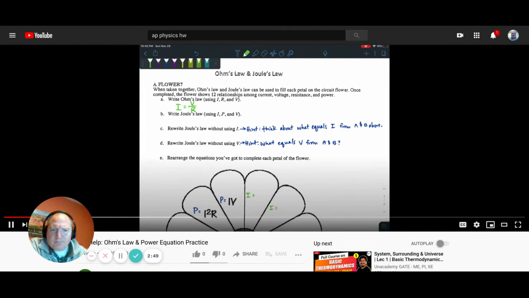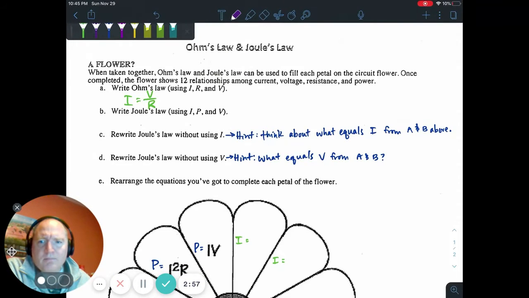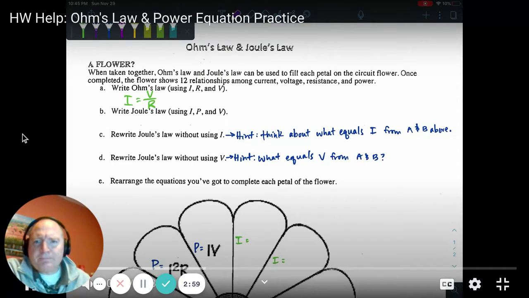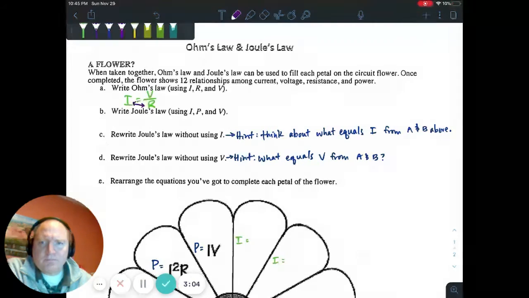And then before we move on, let's take just a minute to think through other ways that we could write this. Okay, so let's say that we were going to solve for R. Well, we know from lots of practice that when you know what we think of as the answer and you need to know what's on the bottom of the equation, we just switch places, right? So we'll put the R there and put V over I. Cool. That's another way to write this equation.